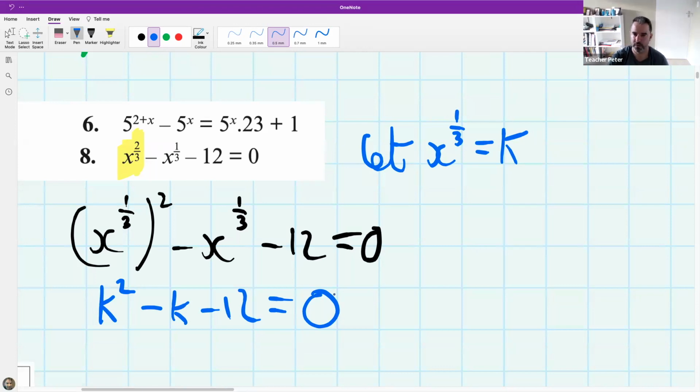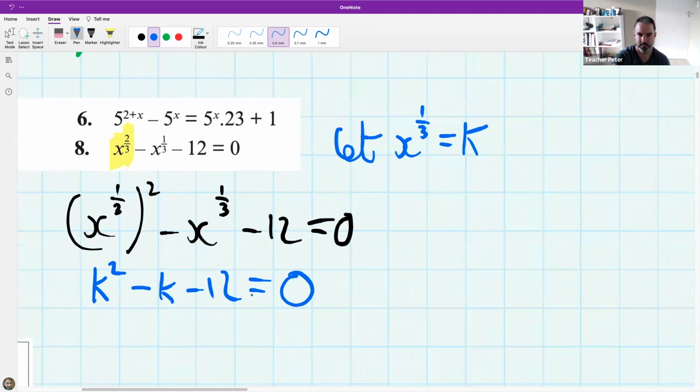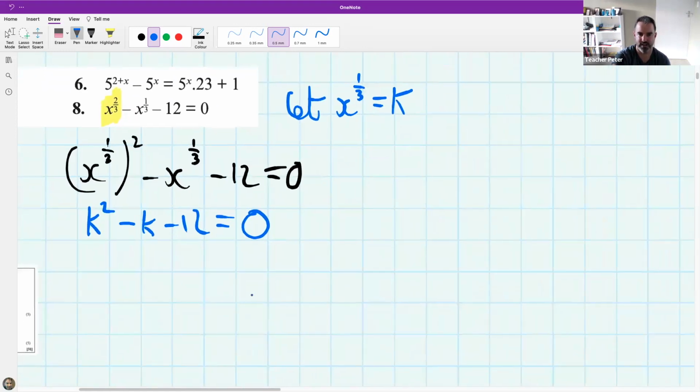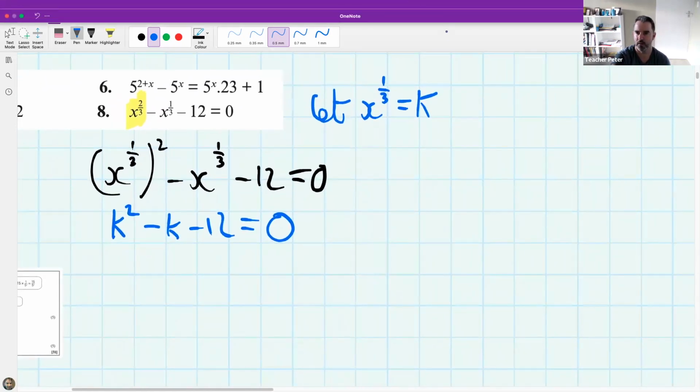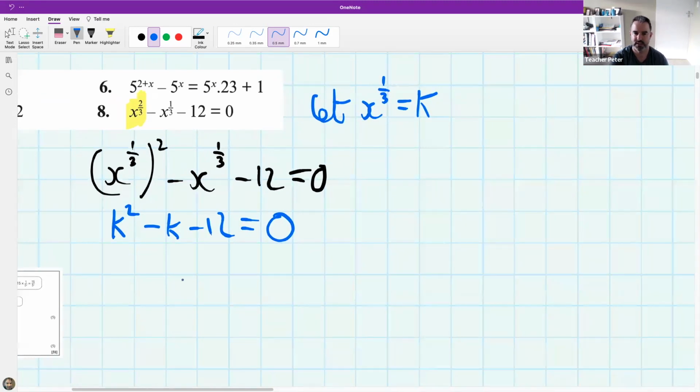I want you to find what k is for me. What is k going to be? Remember, get your pens and papers. You want to be writing and thinking about what comes next.